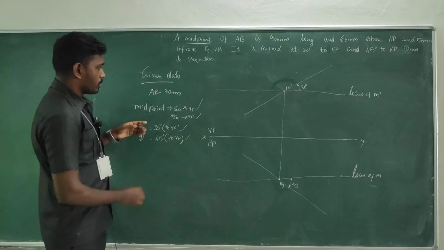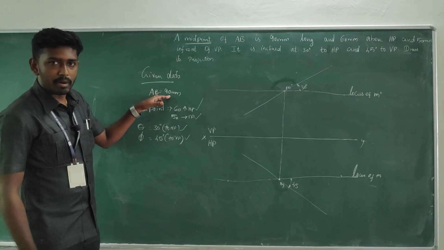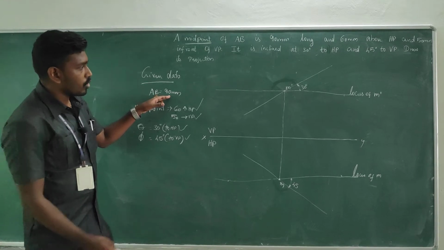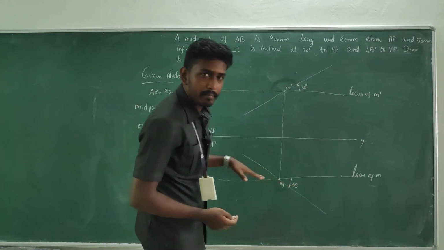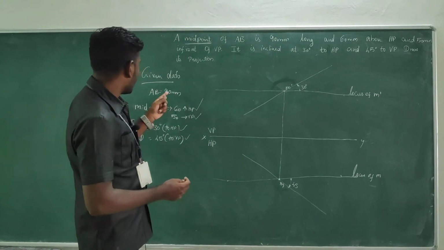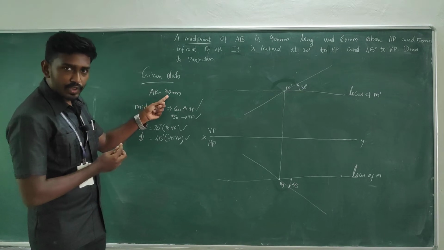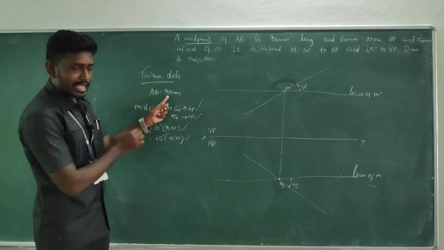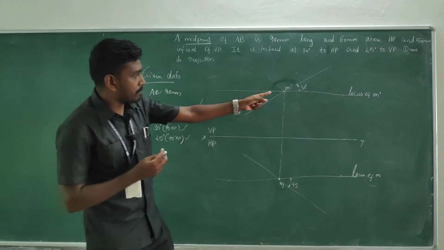Next, what is remaining? True length 90 mm is remaining, right? So the true line we have, this is the true line. We have to specify both the ends of the line. We know the true length is 90 mm, am I right? So we have the midpoint.